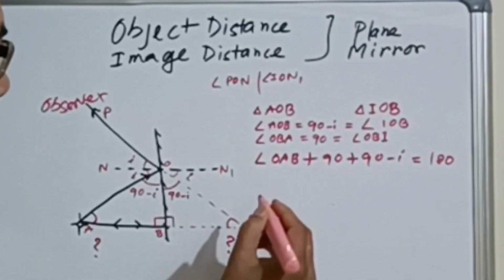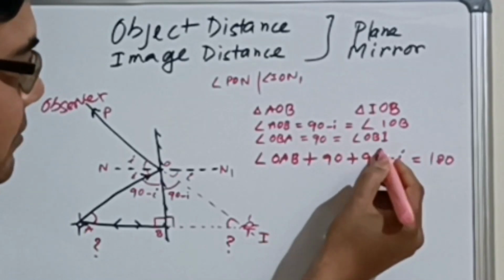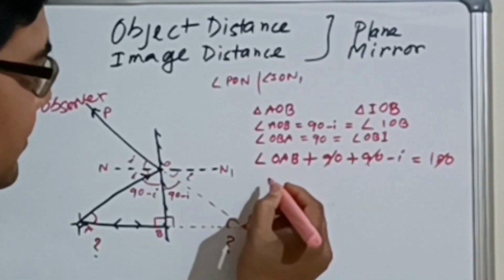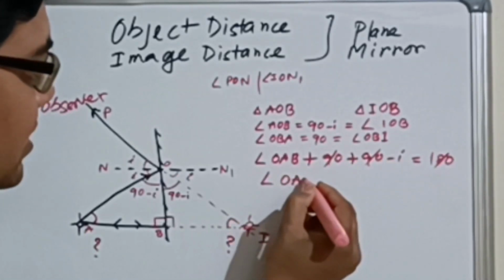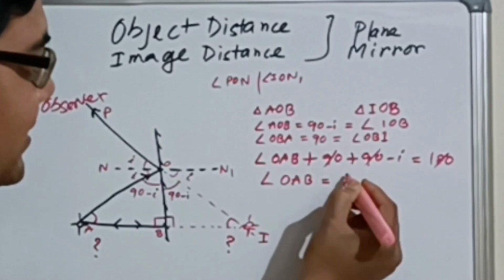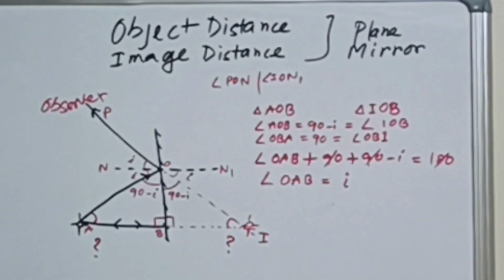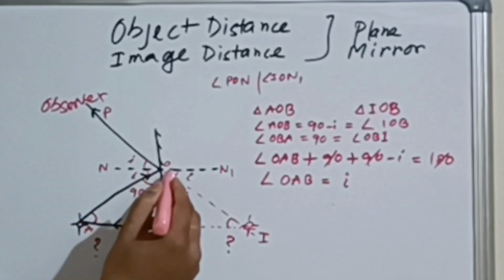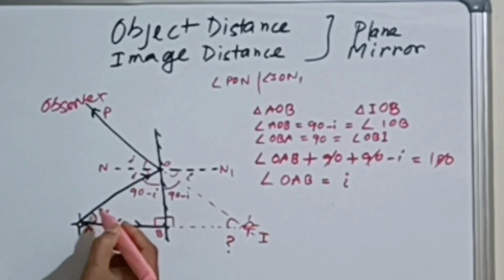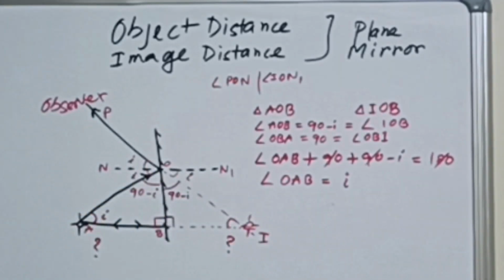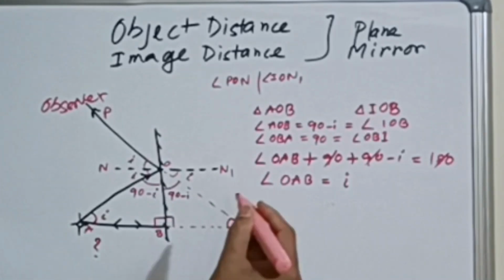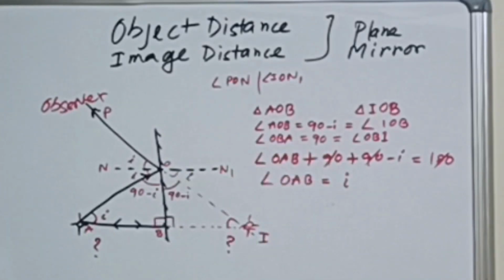Clear? So here we can write 90 plus 90, 180 cancelled. So OAB is equal to I. Wow, this is so interesting, right? This is I, this is I, this is I, also this is I. How easy it is to apply the geometry. Angle OAB is equal to I.